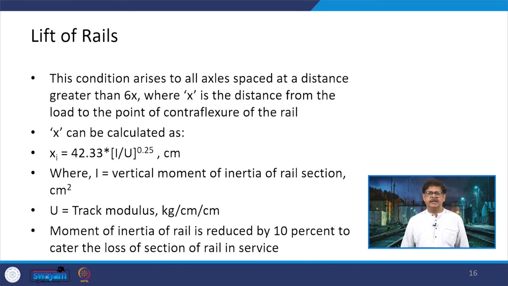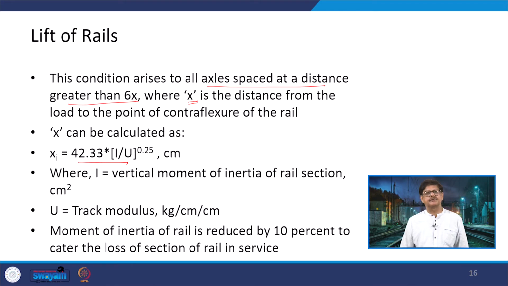At that time we also said that this condition arises when all axles are spaced at a distance greater than 6x, where x was the distance of the load to the point of contraflexure on the rail. And this x is calculated, as we discussed on one of the previous slides, as 42.33 multiplied by the fourth root of the ratio of I and u.